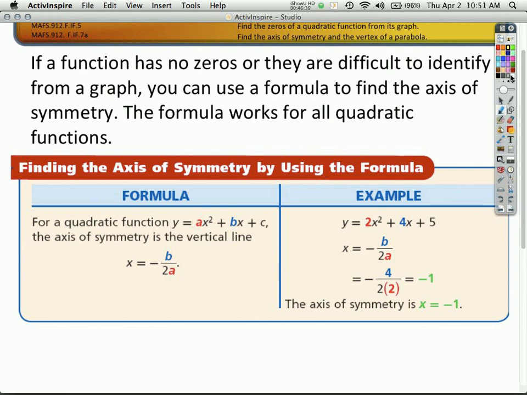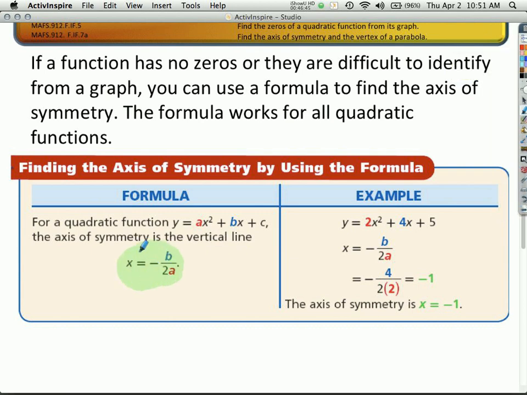So you are going to have to commit this to memory, but here's the thing. You should do it so many times that it just kind of naturally becomes part of who you are. It's not something you should sit with note cards and go, okay, the formula for the axis of symmetry is x equals the opposite of b over 2a. Okay?